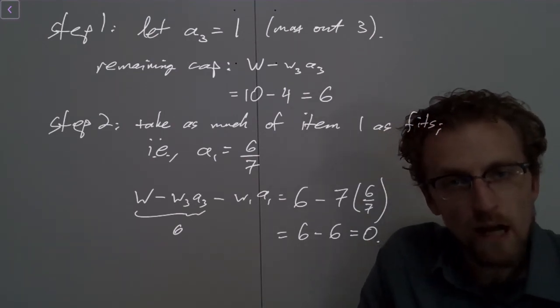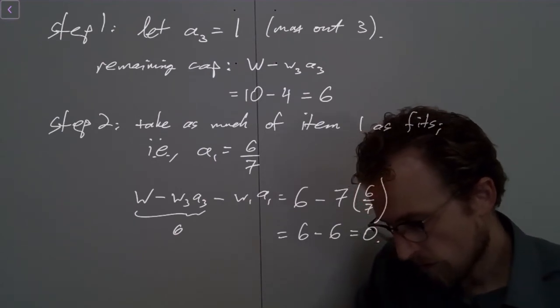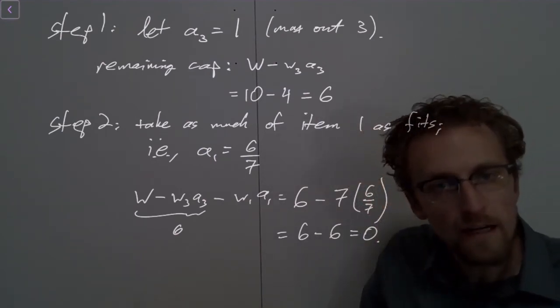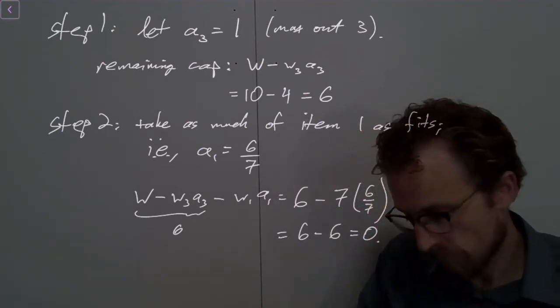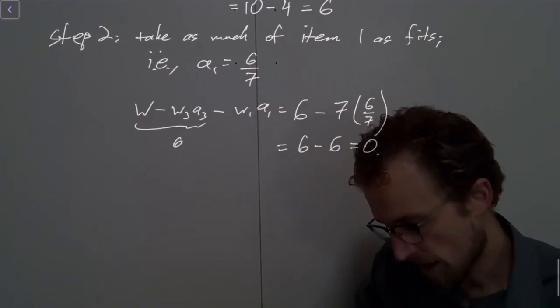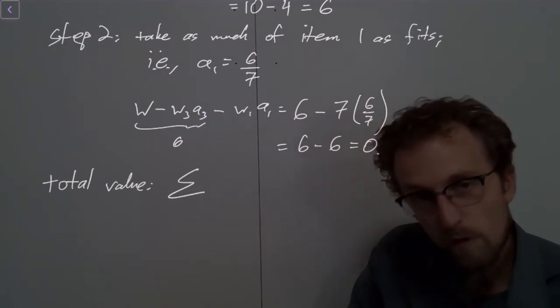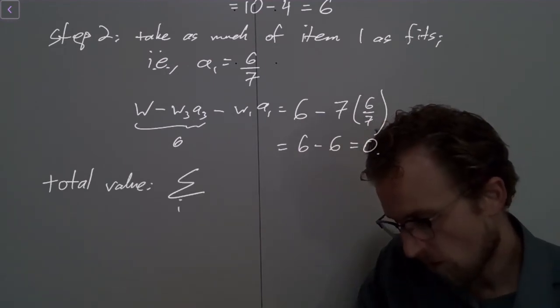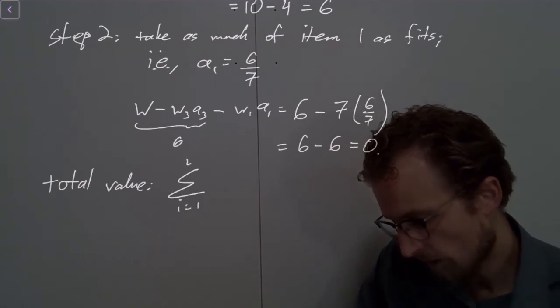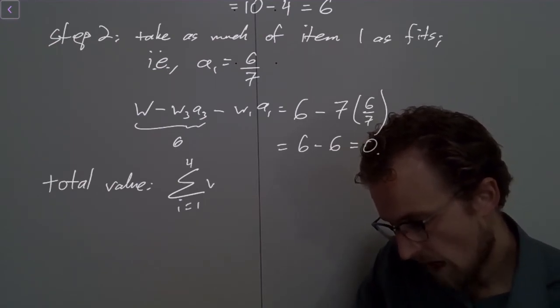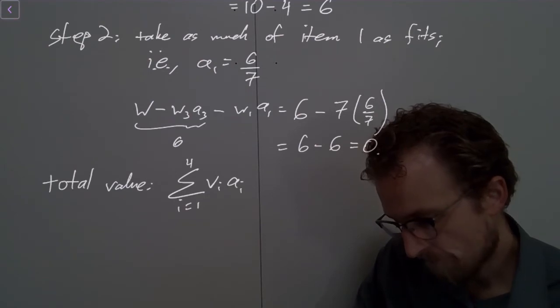And now let's think about how much value we got. So what did we do? We took all of item 3. So let's think about our total value. And we might as well go from our objective function here. So we're going to sum over i, i equals 1 to 4 of ViAi.